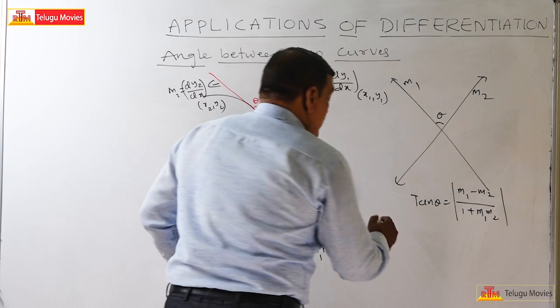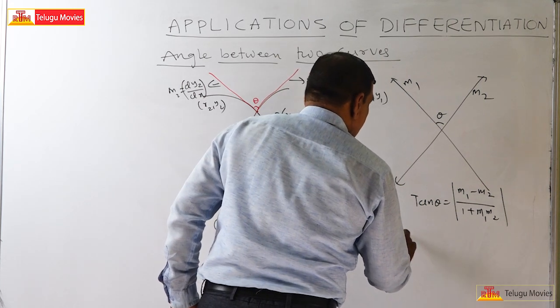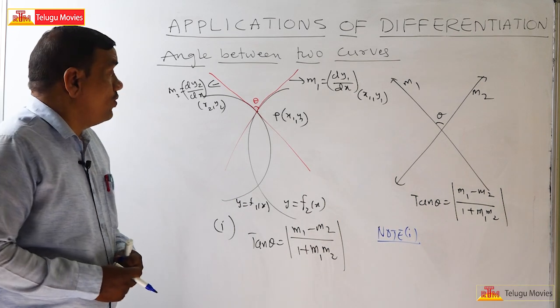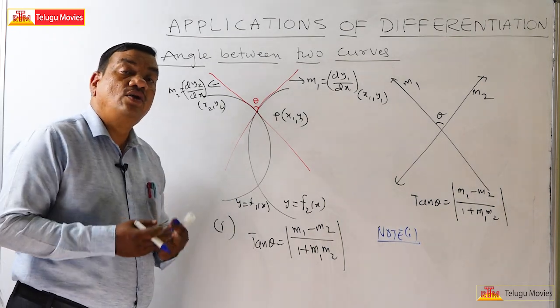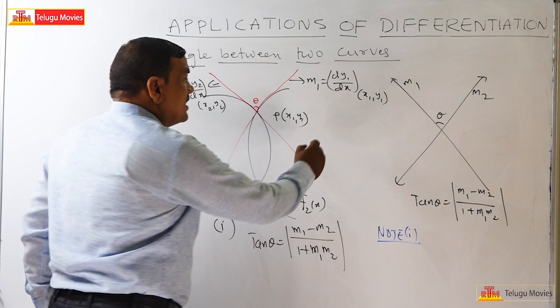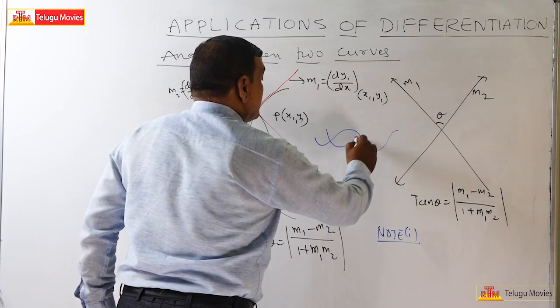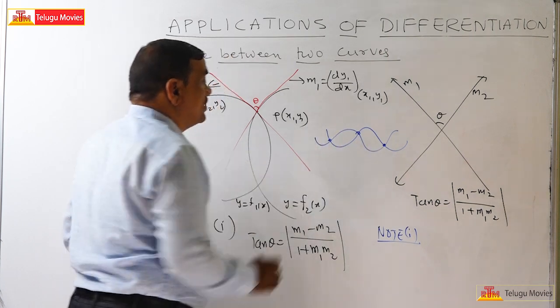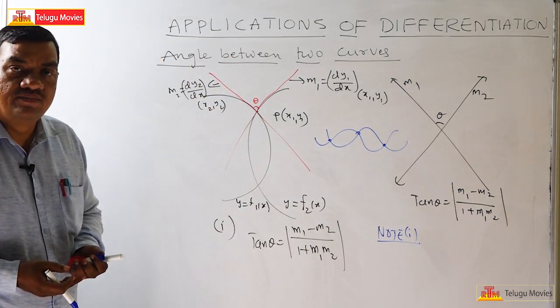What is the note point? First note point: if the curves intersect at more than 2 points, sometimes there are some curves that intersect at more than 1 point.